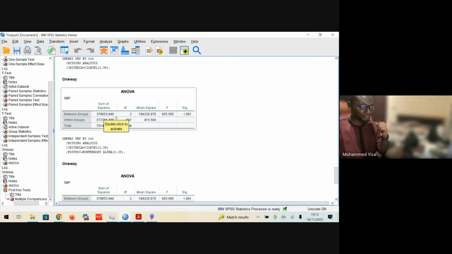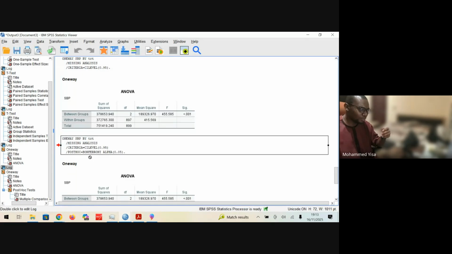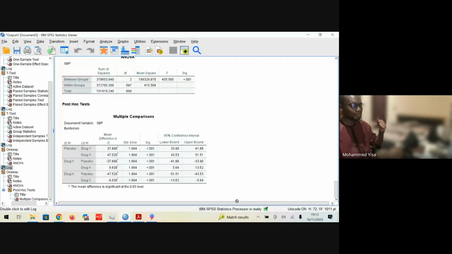But what we are mostly interested in is whether there's a difference at all between group A, group B, and group C. And this is where you find the difference, on the column where it says significance, because you are checking the p-value to see if there's any difference between the placebo versus drug X versus drug Y. Once you detect that there is a difference and you want to explore further, then you do the post hoc, which was the Bonferroni test that we selected when we were doing our ANOVA, and then it will give you this.